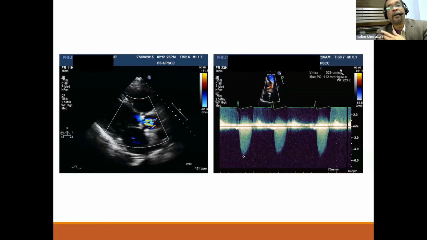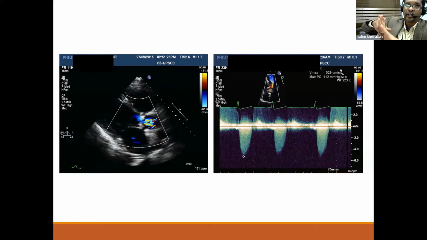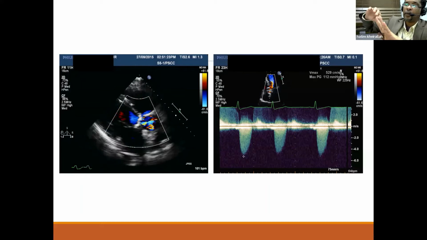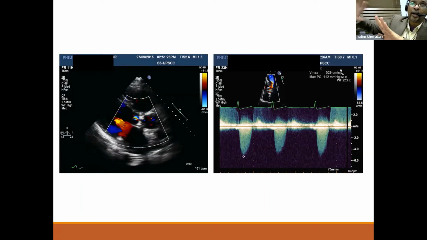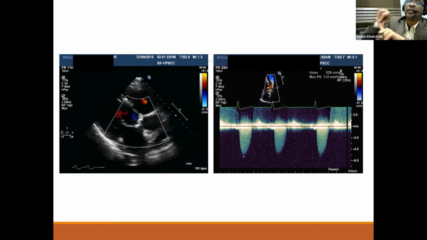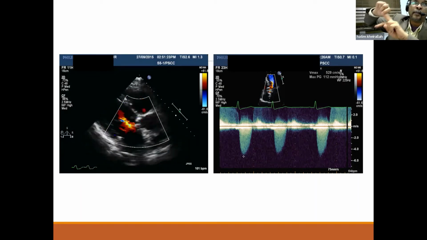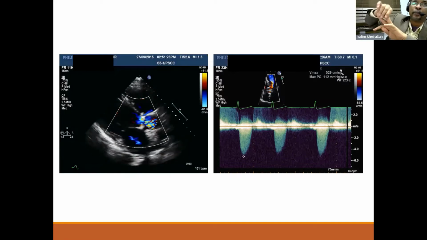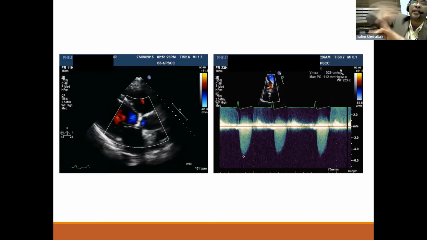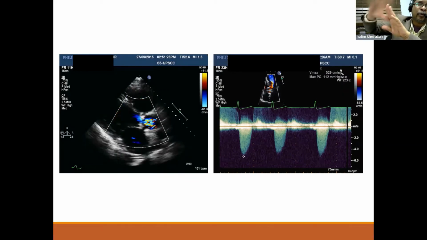But remember, we have low flow, low ejection fraction, and low flow, normal ejection fraction. So the three scenarios you are going to have with aortic stenosis are: normal ejection fraction, normal flow, this is one scenario; low flow, low ejection fraction, second scenario; low flow, normal ejection fraction, third scenario. In each one of these three, you know what to do.